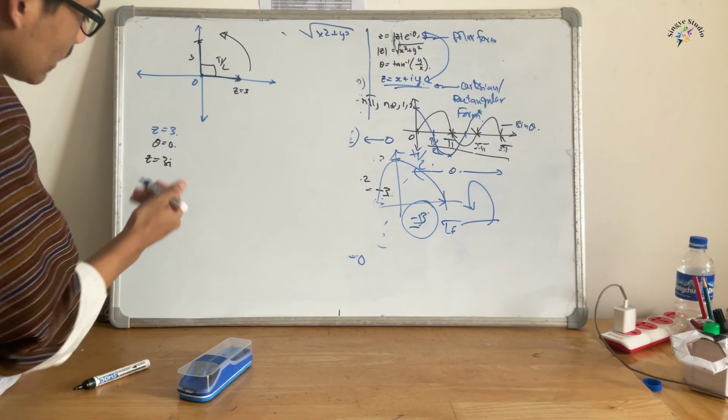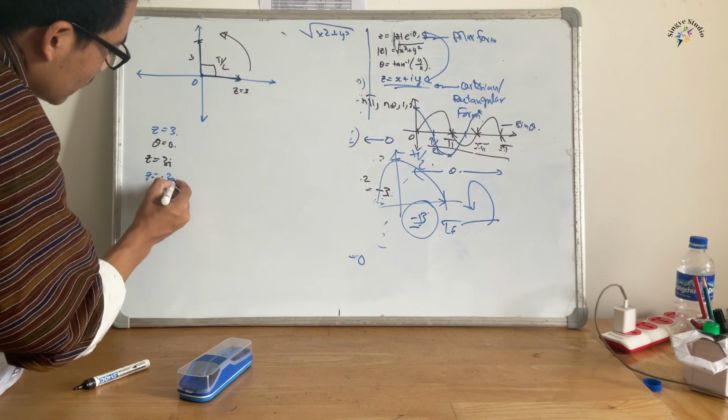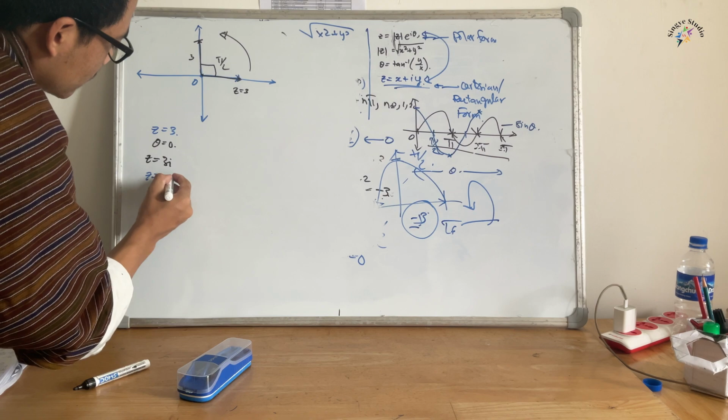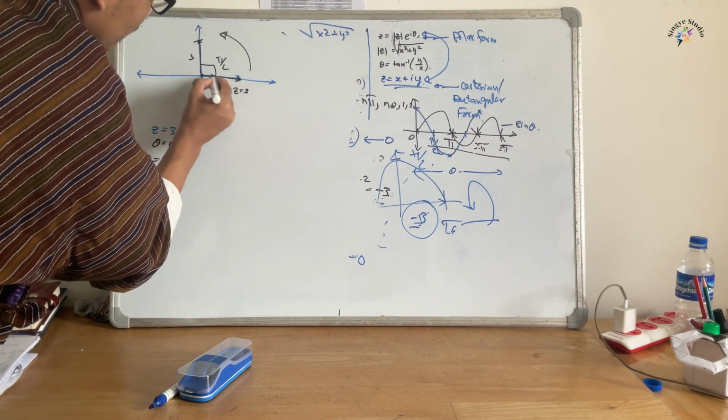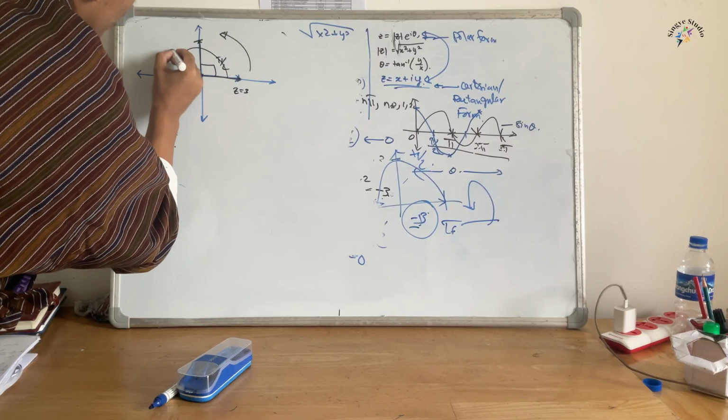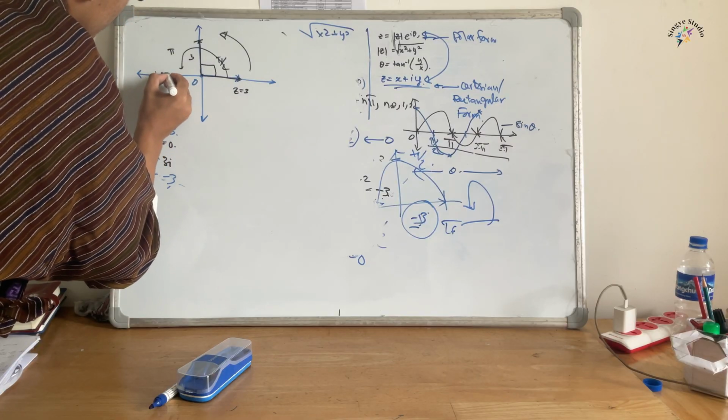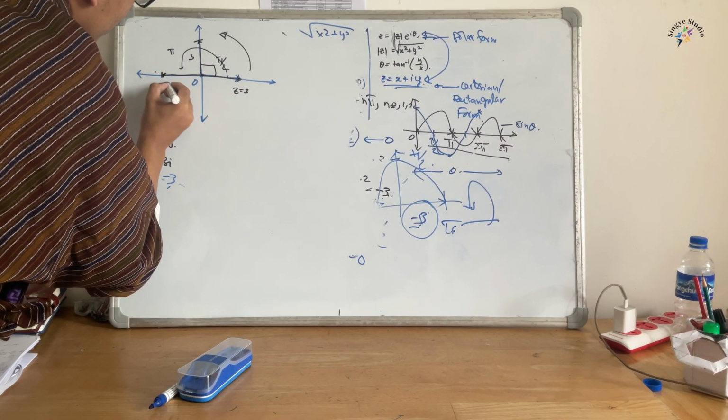And if you say z equals negative 3, then you have just flipped this number by the angle pi and you got it here, negative 3.